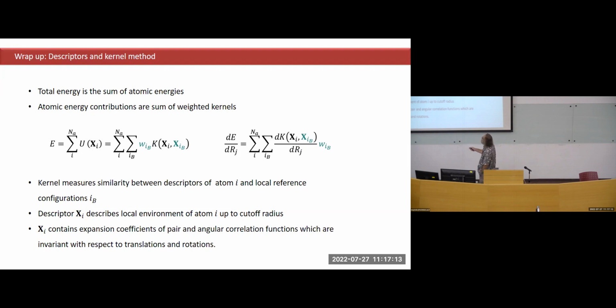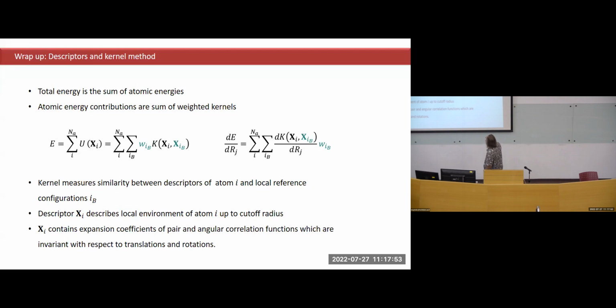And so Na is the number of atoms in a certain structure A. If we have an atom I in structure A, then its energy contribution to the total energy is found as a sum over these reference configurations: evaluate the similarity between these configurations and the actual environment of our atom I, and determine these weights somehow, and that is the learning stage, and that gives us then the energy.